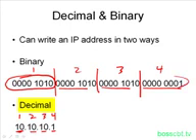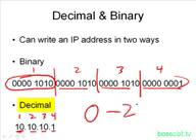Okay, so you can see the decimal approach, the dotted decimal notation, is very simple. You can grasp the value of each octet immediately, whereas in binary you have to know your binary to decimal conversion pretty quickly in order to figure that out. So obviously decimal is the most commonly used format. Each octet can be a range of numbers, and that range is 0 to a maximum of 255.